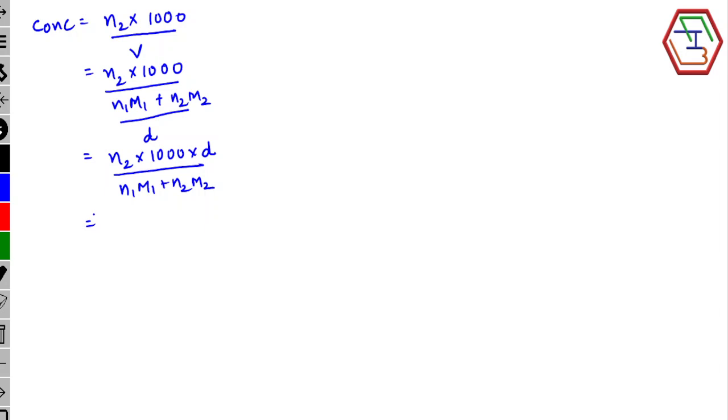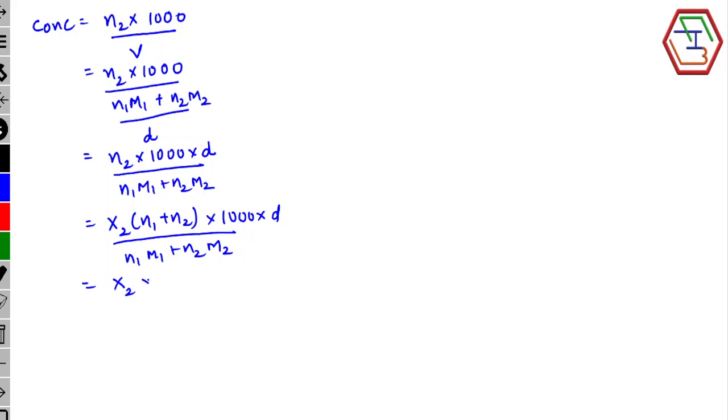Can we write down like this? N2 is nothing but mole fraction into N1 plus N2, into 1000 into density divided by N1 M1 plus N2 M2.